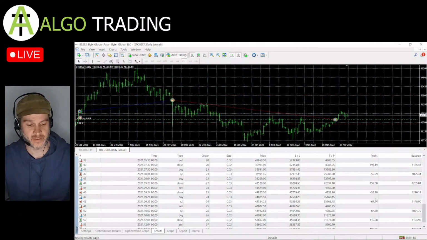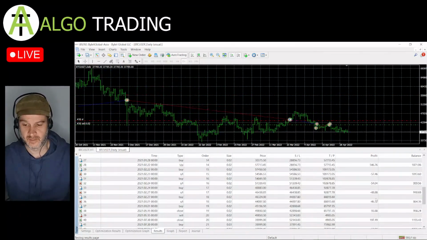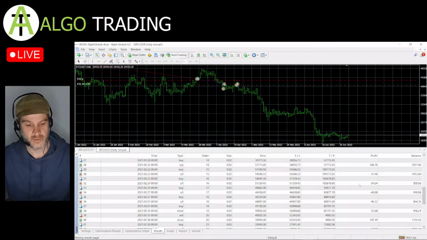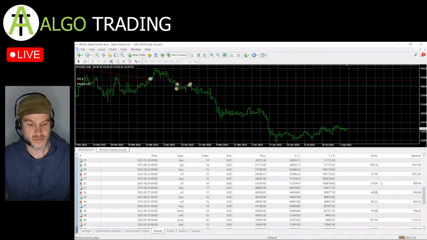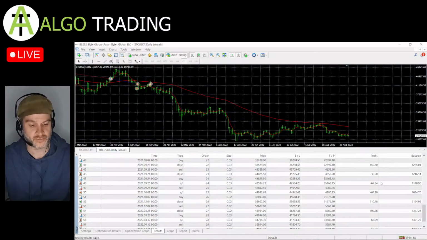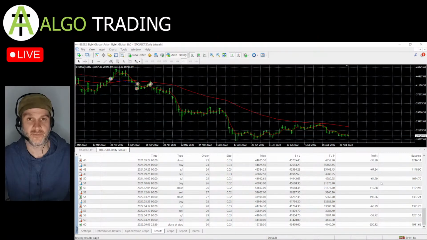But this looks like a very good strategy. Let me just go into the settings. We don't want to watch the whole thing. Oh, we almost finished, we're at July 2022. So not a lot of trades, but very profitable trades. So it's definitely like a nice buy and hold strategy.